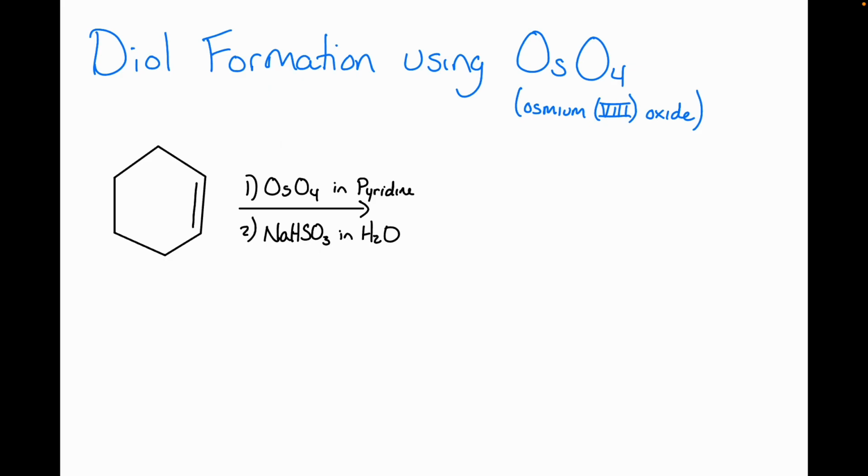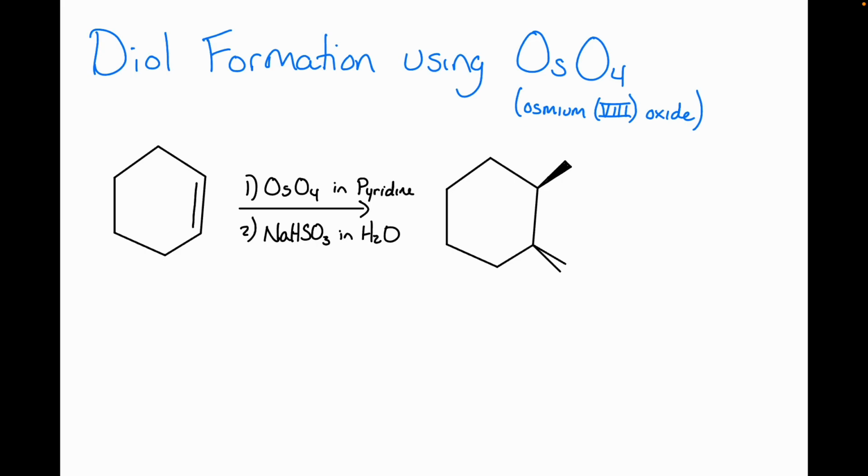All right, so we'll get a ring. Our 6-membered ring. Again, it's a diol, so we're going to have 2 OH groups. But since this is a syn addition, they both need to be pointing on the same side.